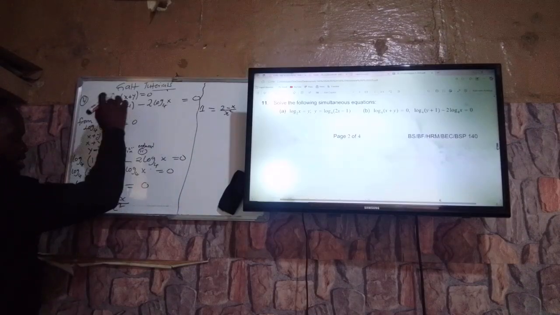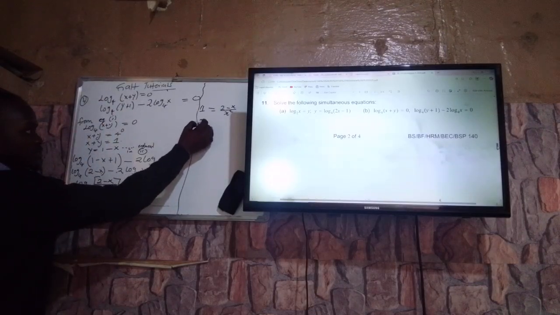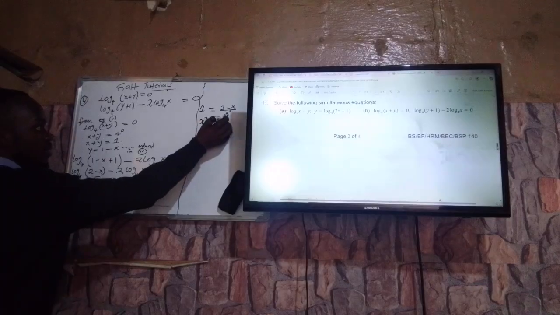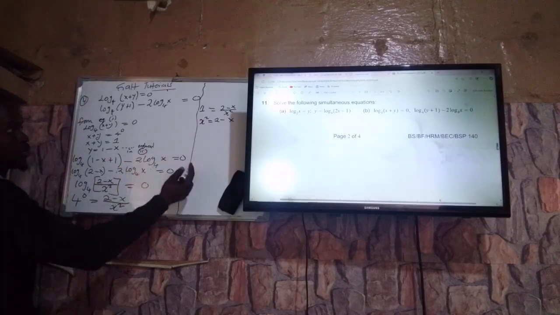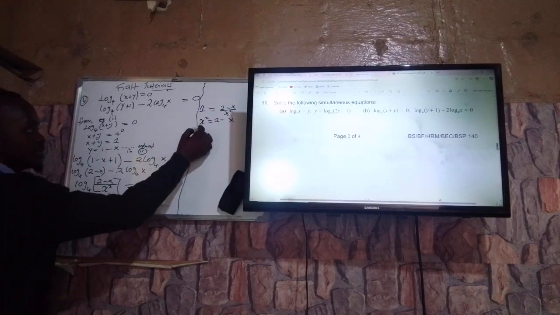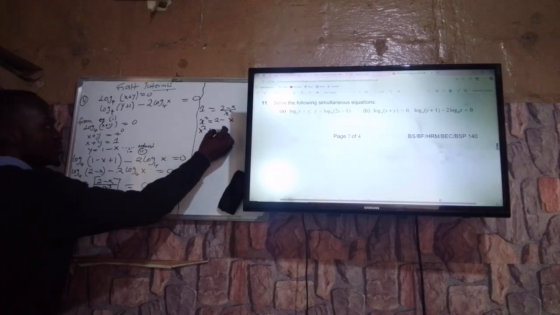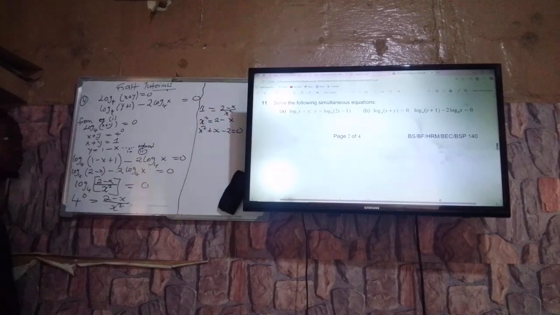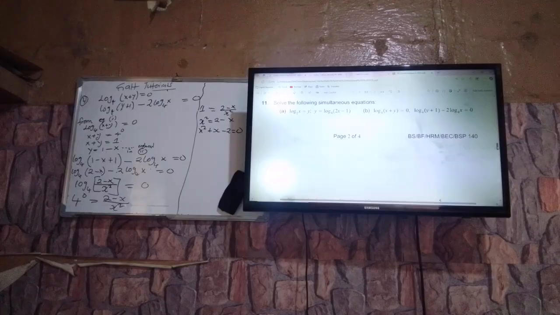When I cross multiply there, I'm going to have x squared to be equal to 2 minus x, and then since it will be quadratic, everything comes to the other side, becomes x squared plus x minus 2 to be equal to 0.